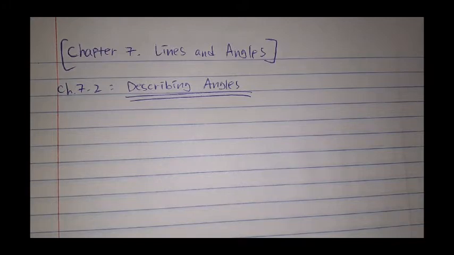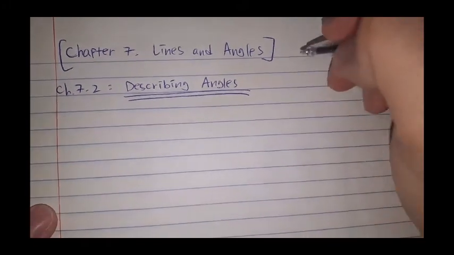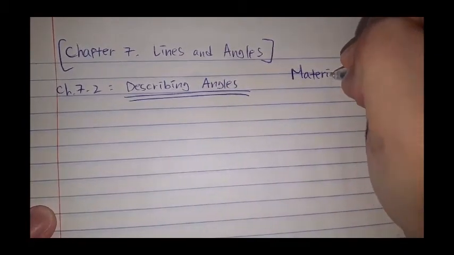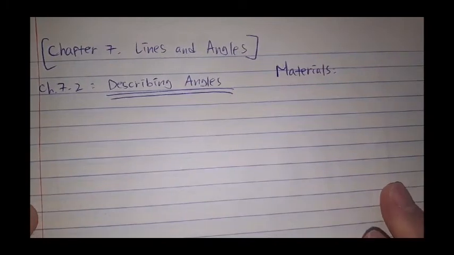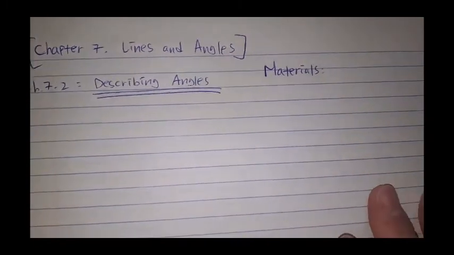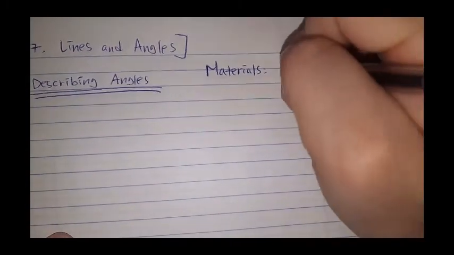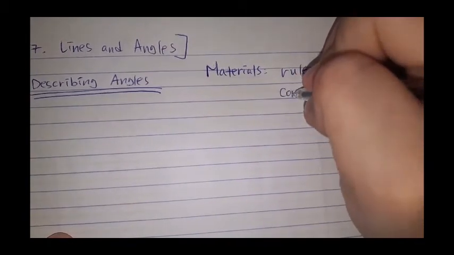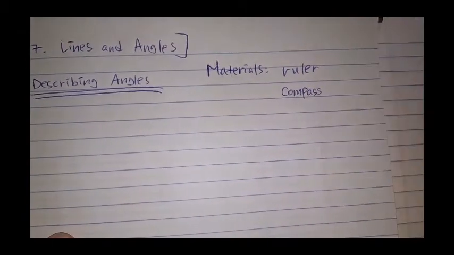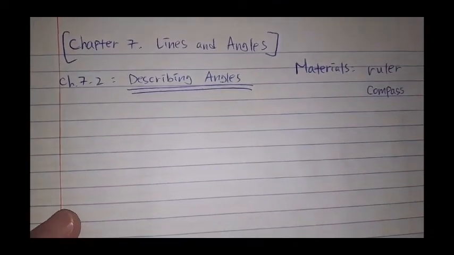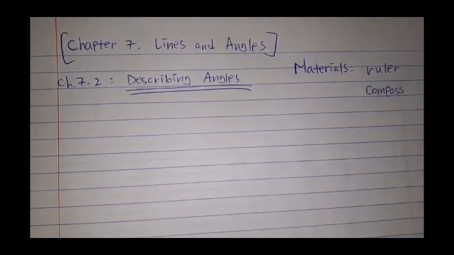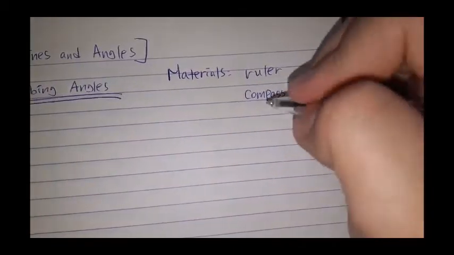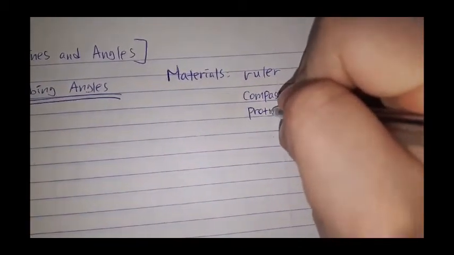So materials: before we get to the actual lesson, you need to prepare several materials for this lesson, or this chapter if you will. You need a ruler and you need a compass or any circular object. Actually, today's portion of the lesson requires a protractor too.